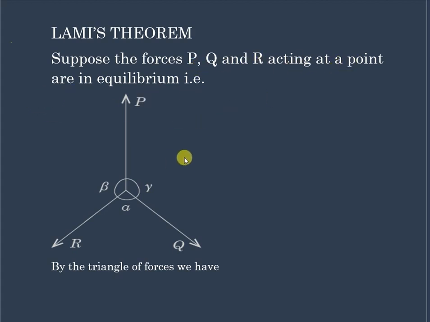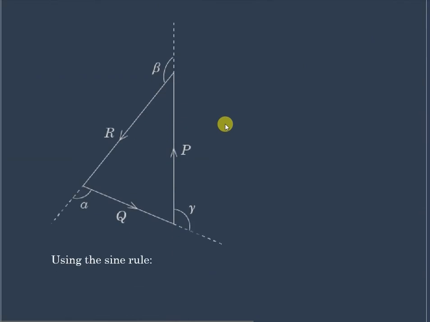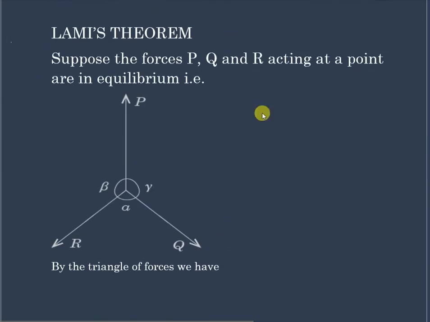If these forces are in equilibrium, you can say they are three forces, which means they can be made into a triangle of forces like so. Let me draw it here in a sketch.